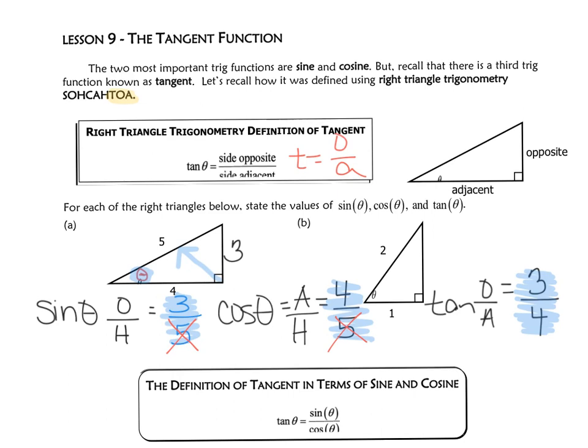It's as if I were to divide the sine by the cosine. So this little definition down here, the definition of the tangent function in terms of sine and cosine, the sine divided by the cosine, this is very important. This comes into play with everything that we've been doing with the unit circle.